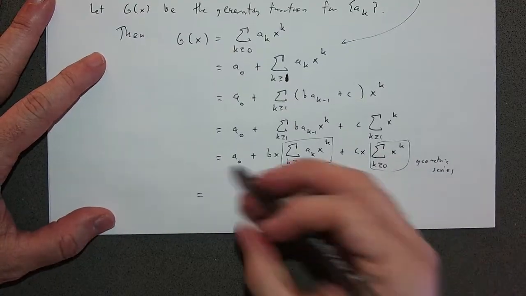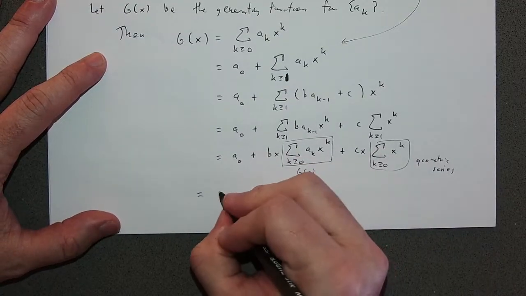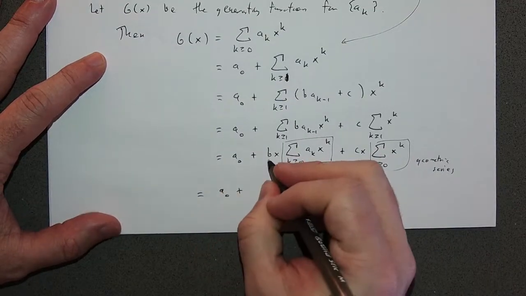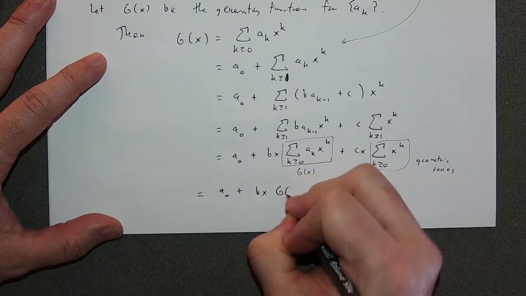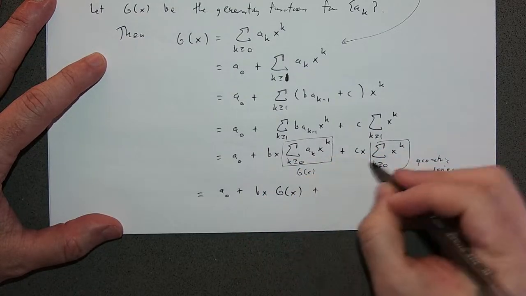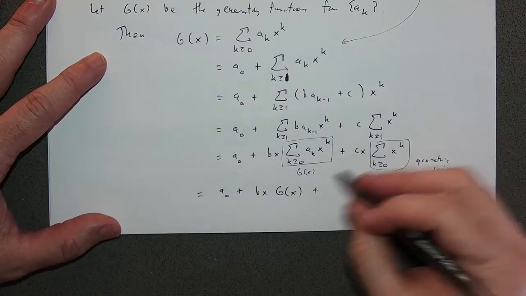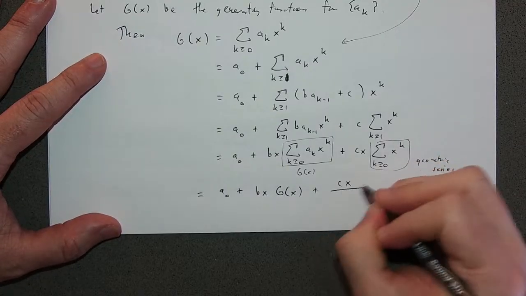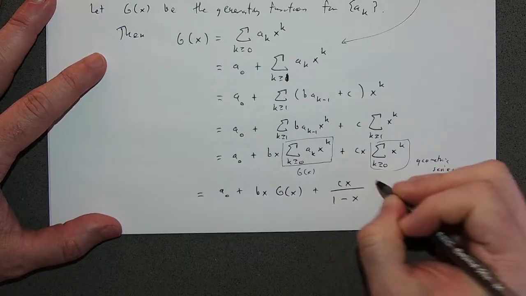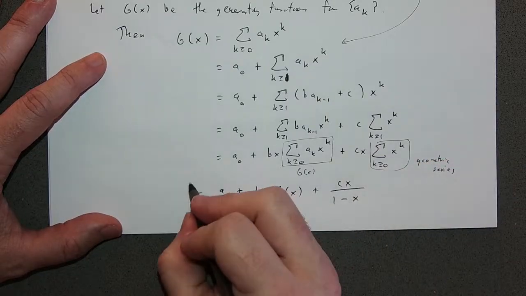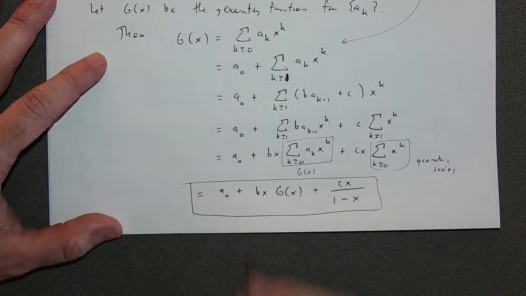So this would be a naught plus bx times g of x plus cx times 1 over 1 minus x. So this would be plus cx over 1 minus x. And this is our expression here.